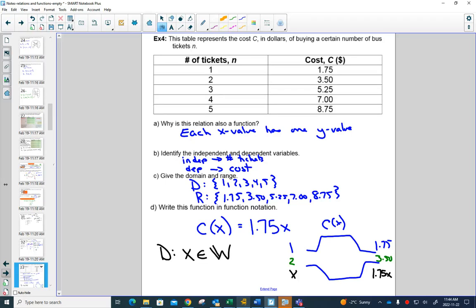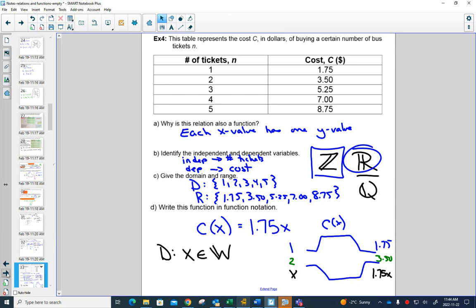Remember, integers was this one, real numbers was this one, rational numbers was that one, irrational numbers had the line over top. We are going to use this one the most and this one second most. We'll use those symbols over and over again, because sometimes the domain is always possible.